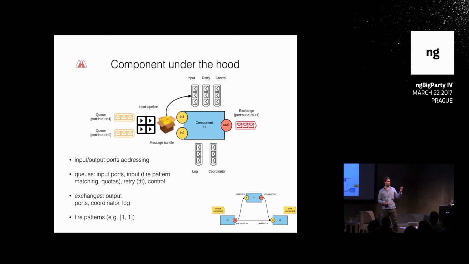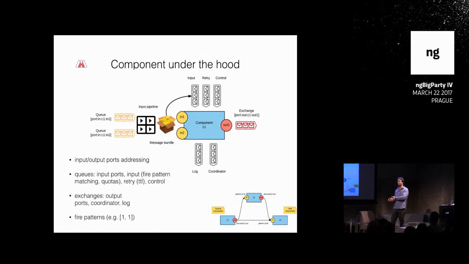That has 2 input ports, A and B, and the task of the sum component is to calculate the sum of those two numbers and propagate it to the output port, right? So maybe this component requires data to be present on both the input ports, right? So the fire pattern in this case would look like 1, 1, right?